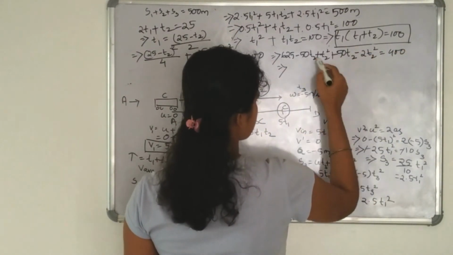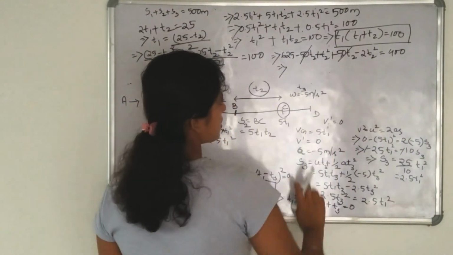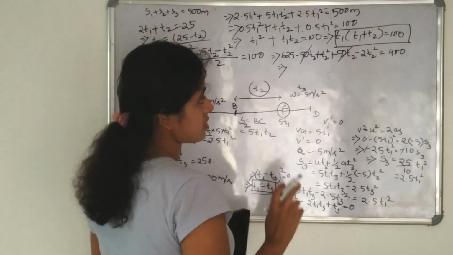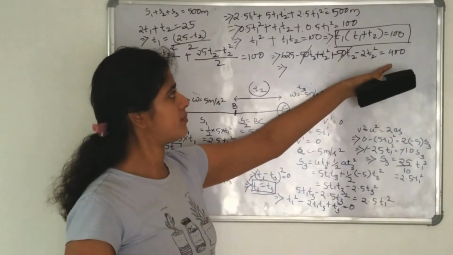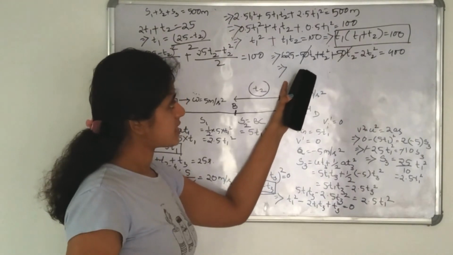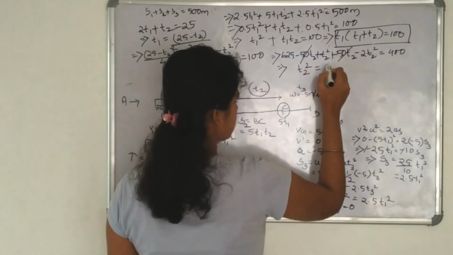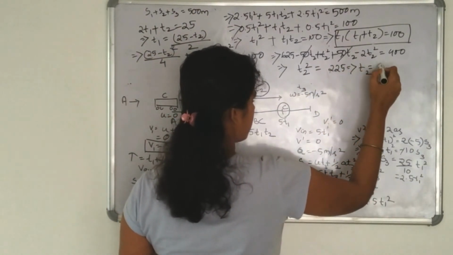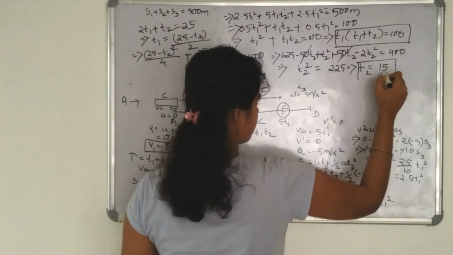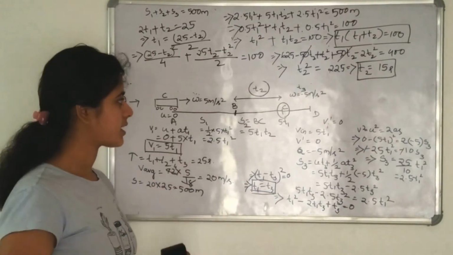So minus 50 T2 plus 50 T2 cancel out. T2 square minus 2 T2 square is equal to minus T2 square. If we take minus T2 square to the RHS and bring 400 to the LHS, we get T2 square equal to 225. T2 is equal to 15 seconds. So the car uniformly travels for 15 seconds.